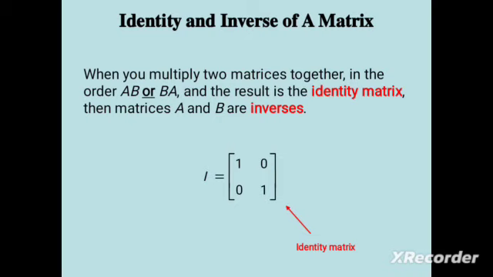Just to talk about the identity matrix, it is given by the matrix 1 0 0 1, and it is a matrix that behaves like the number 1, because whenever you multiply, the result has no change. We get the identity matrix when we multiply a matrix and its inverse.